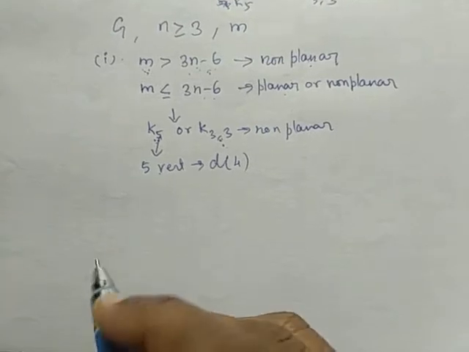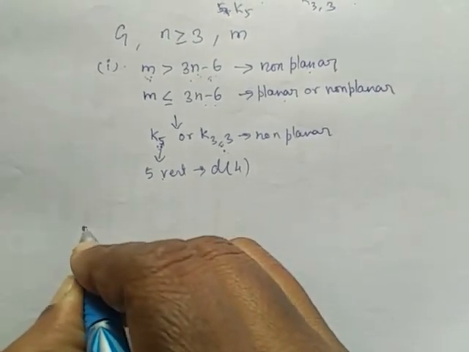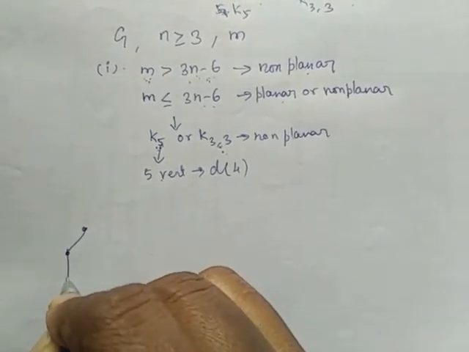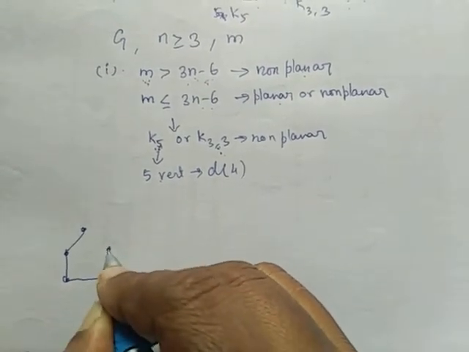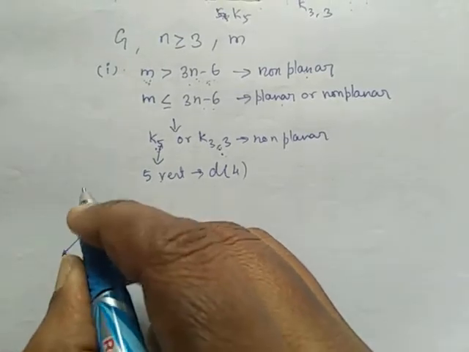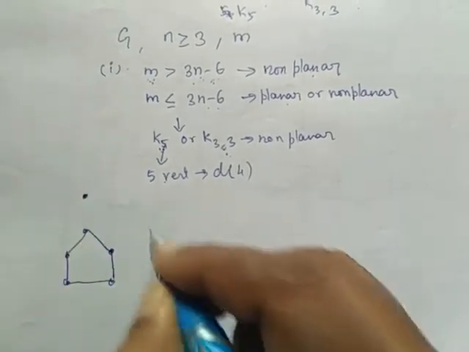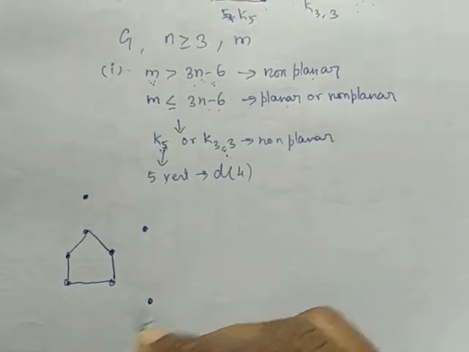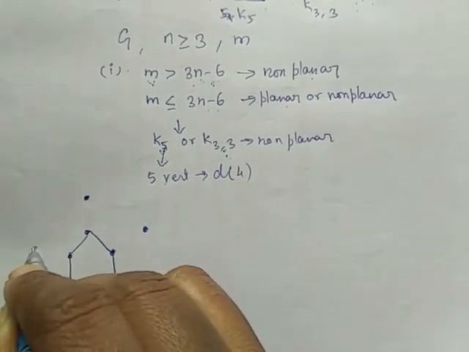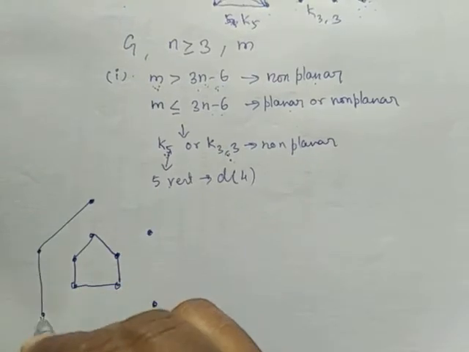So, consider a graph of this form. I'll take one graph G. Totally it has 10 vertices.